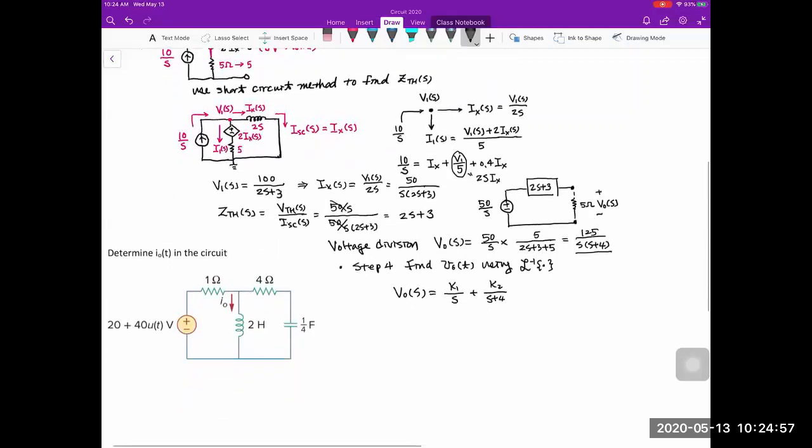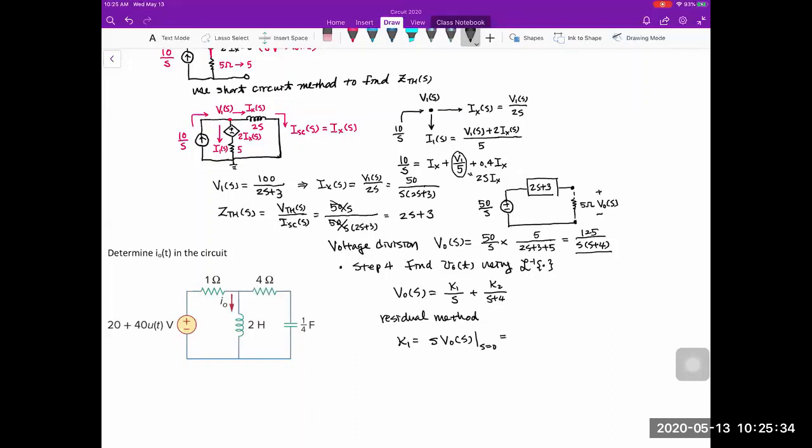You can use the residue method, or you can use the algebraic equation method to find the coefficients. Let me just use the residue method. The K1 is equal to the denominator multiplied with your voltage function, so there will be S V naught S. And now with S equal to 0, you find the solution, and that will be the coefficient.